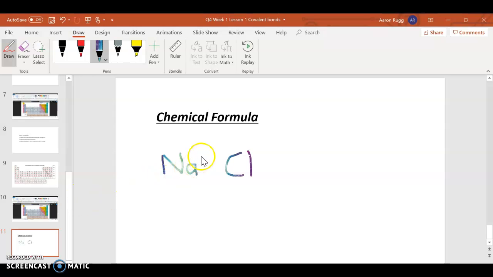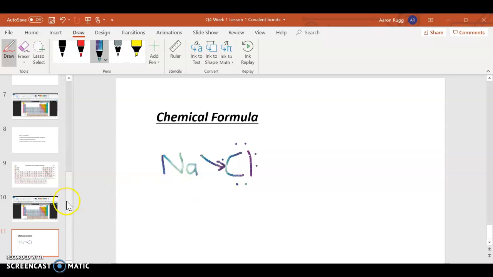All right, so let's draw in my valence electrons. 1 here for sodium, 7 for chlorine. So sodium is going to transfer its electron to chlorine.